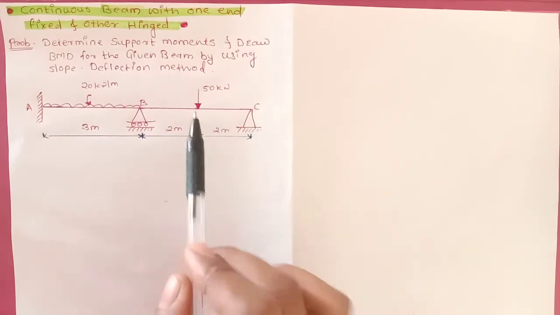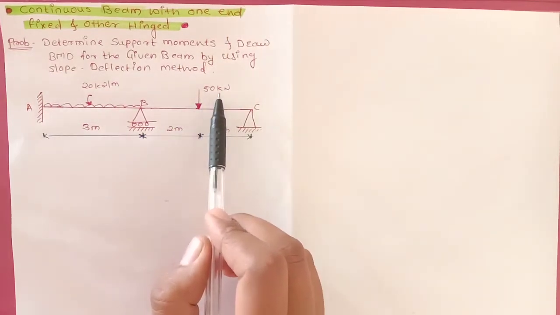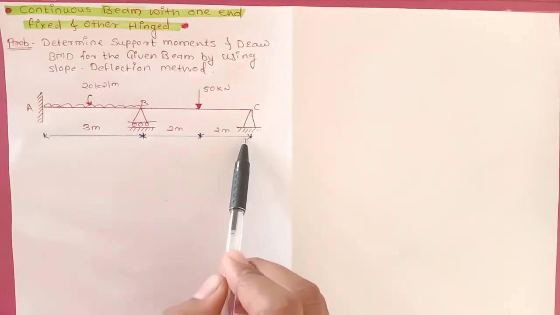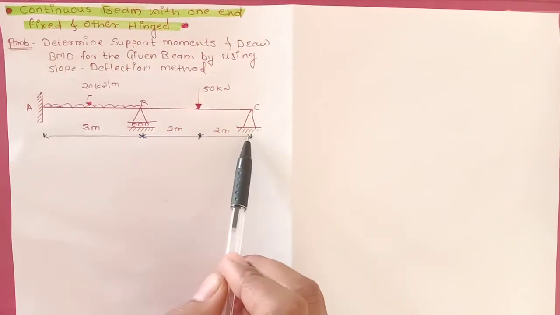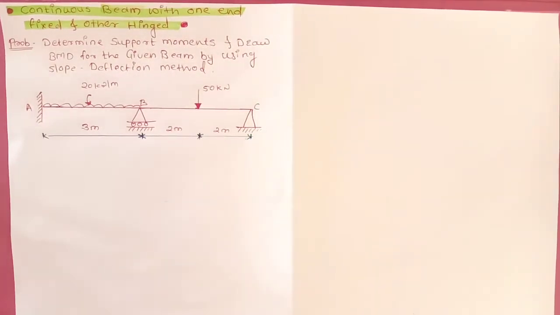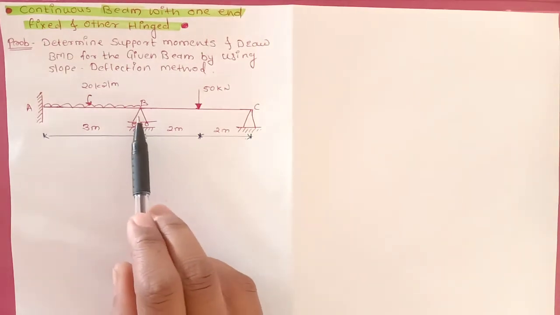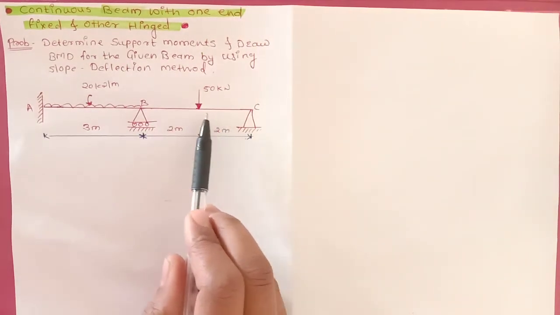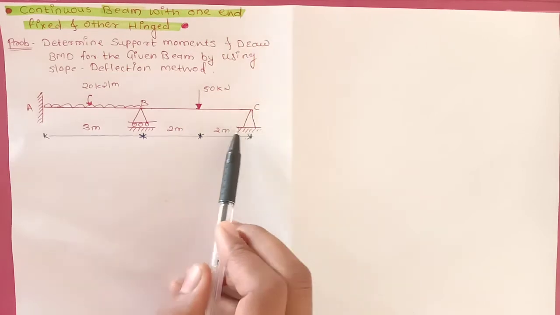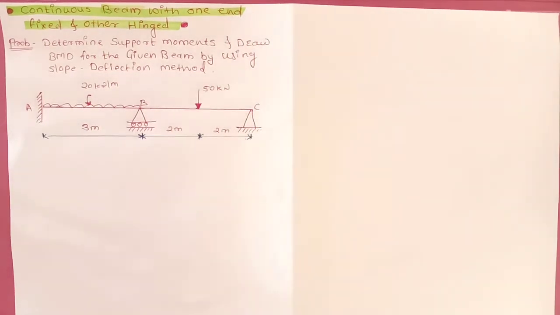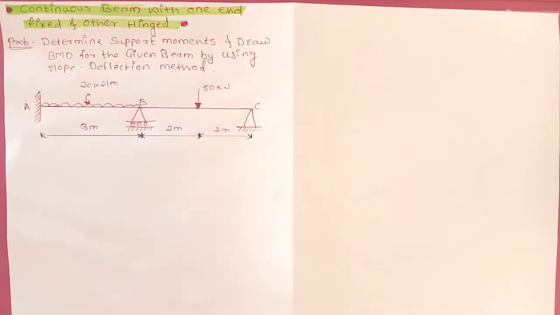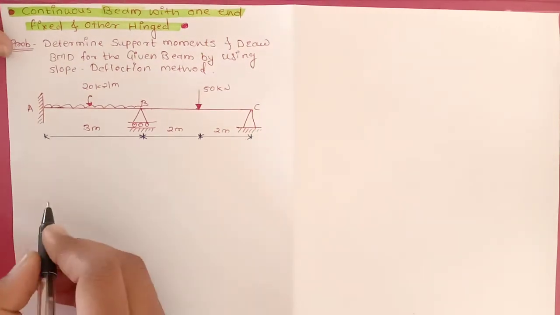Over this member, a 50 kilonewton point load acts, and its total span is 4 meter. This total 4 meter is divided into two spans, that is 2 meter from B to the point load, and from the point load to C the distance is 2 meter. Then let's solve the solution in detail.